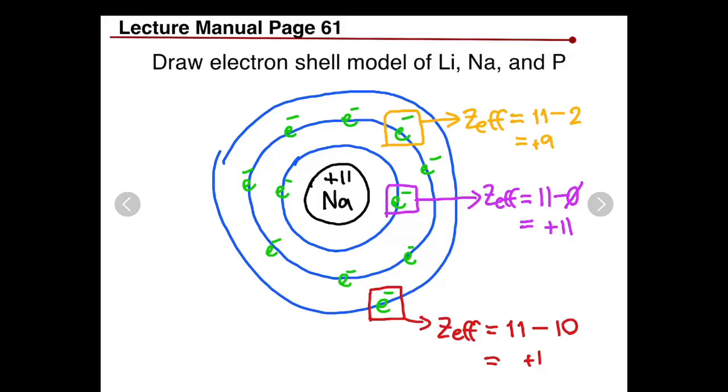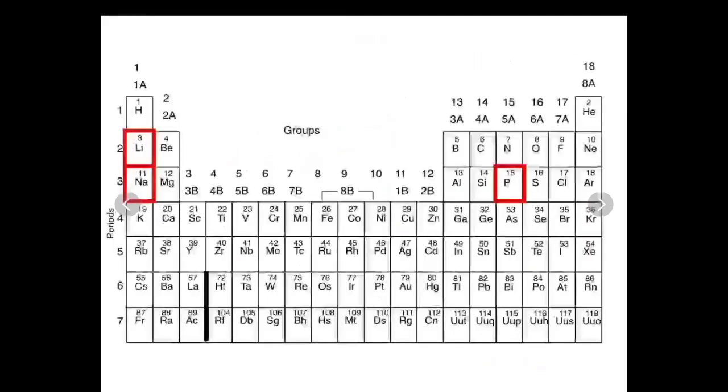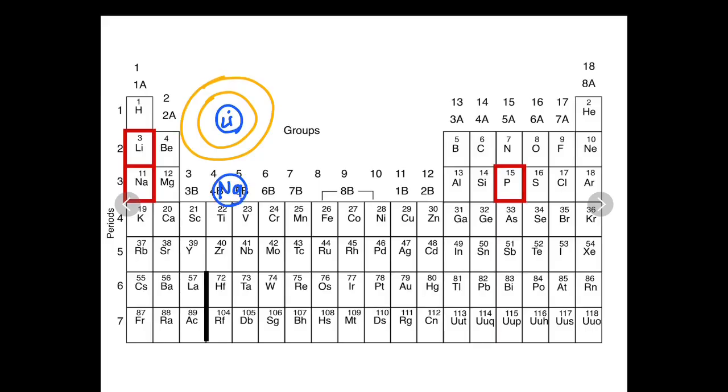So if you are comparing sodium and lithium, clearly lithium is going to be smaller than sodium because of the number of energy levels. Lithium has only 2 energy levels, versus sodium, which has 3.